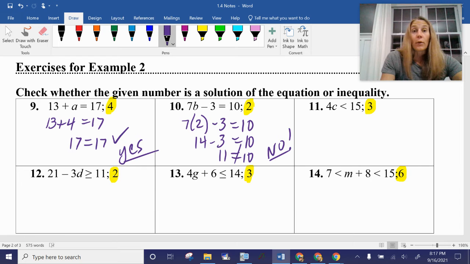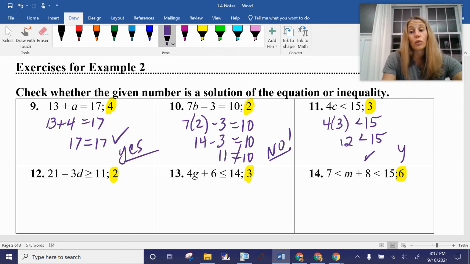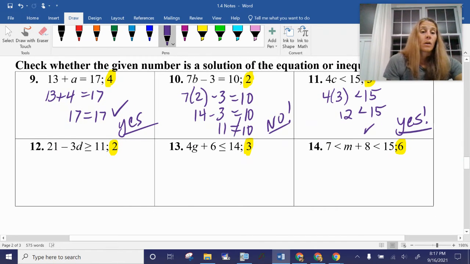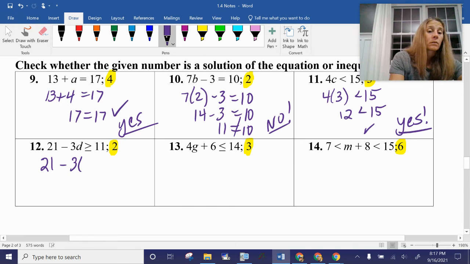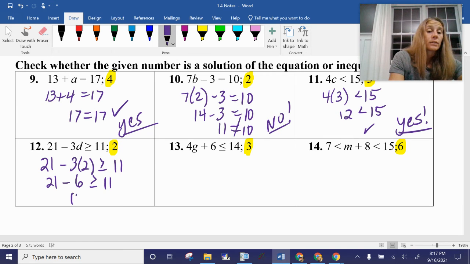Number 11, this is now an inequality, so I'm putting in the 3 for my variable. 4 times 3 is 12, and it's now saying 12 is less than 15, which is true. So yes, 3 is a solution to the inequality. For number 12, we have a 2 that we're substituting in. So 21 minus 6, which is 15.